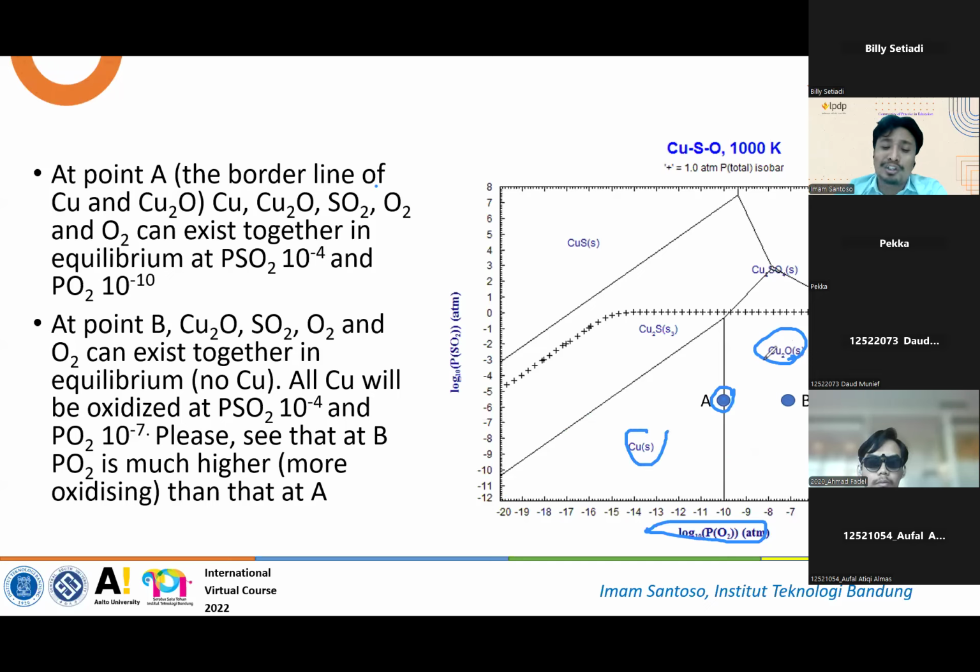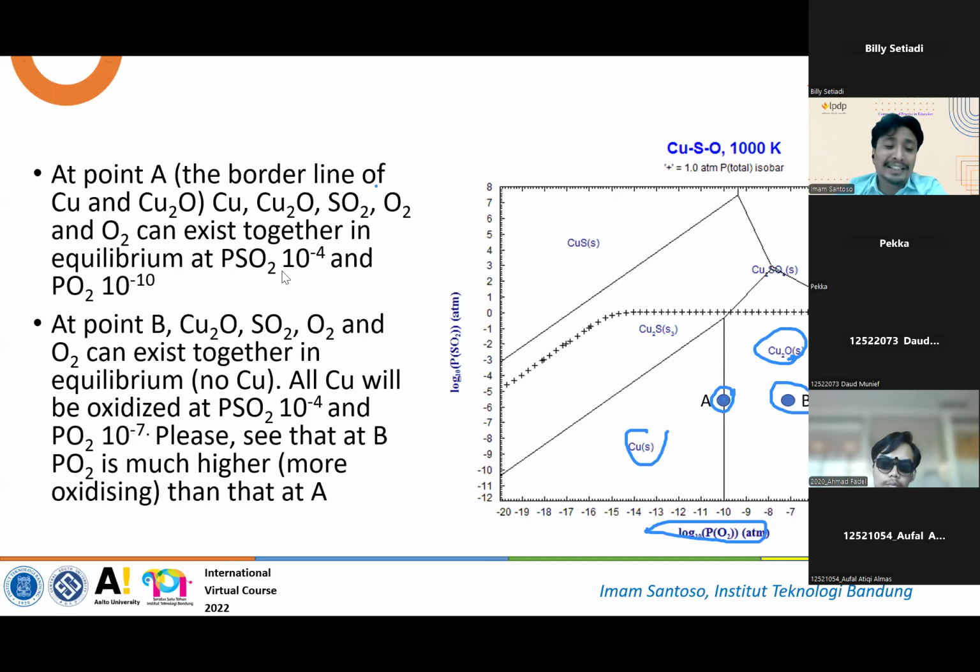It means both condensed phases, both solid phases, can exist together. At point B, because it is in the field of Cu2O, the only condensed phase is Cu2O, and the rest is the gas of SO2, oxygen, and sulfur.